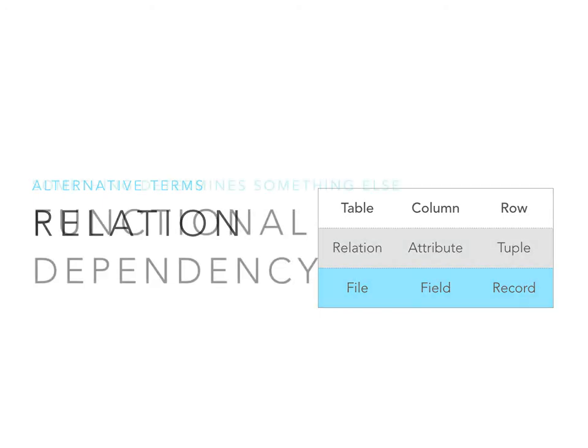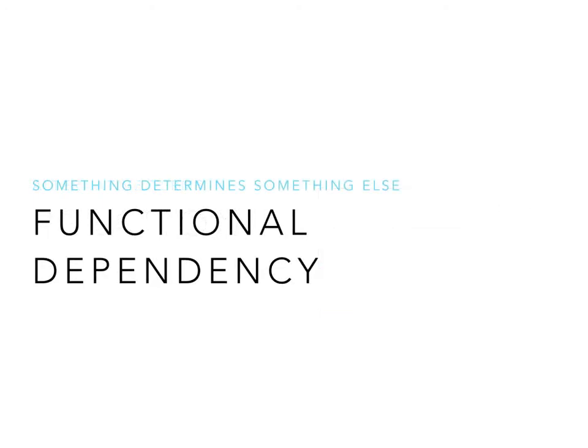All right, so next we need to talk about functional dependency. A functional dependency happens when the value of one attribute determines the value of a second attribute, or the value of a set of attributes determines the values of another set of attributes, or any combination of those.